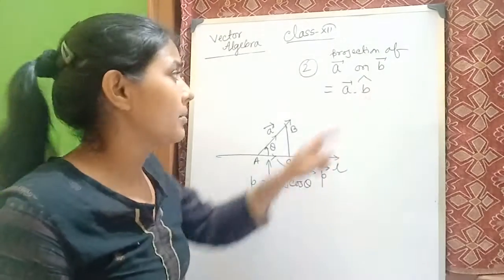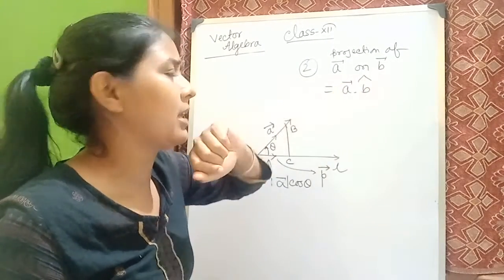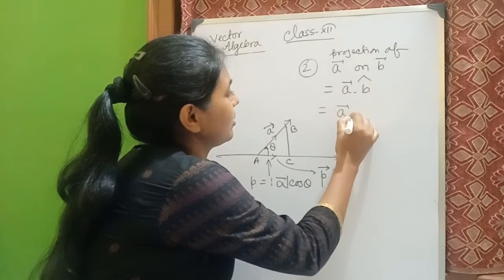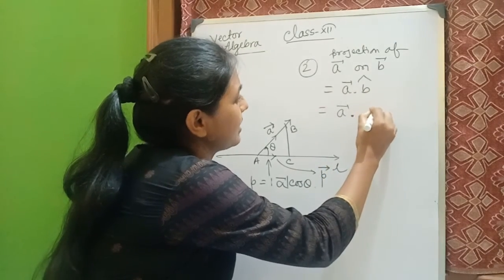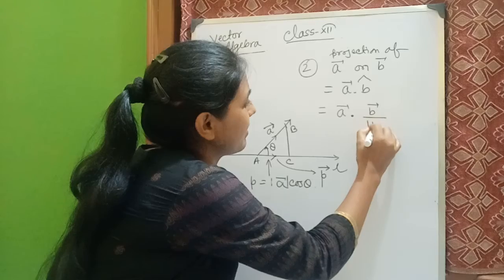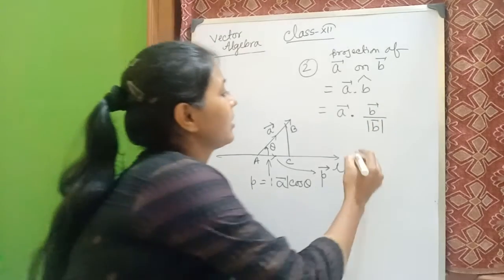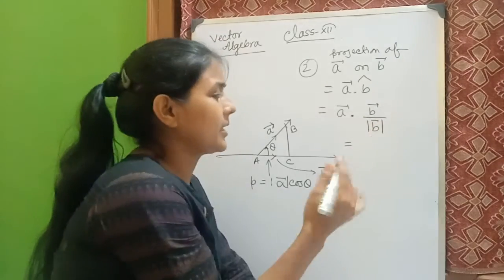B cap is the unit vector along B vector, that means B vector divided by the modulus of B vector. The modulus of B vector is a scalar.